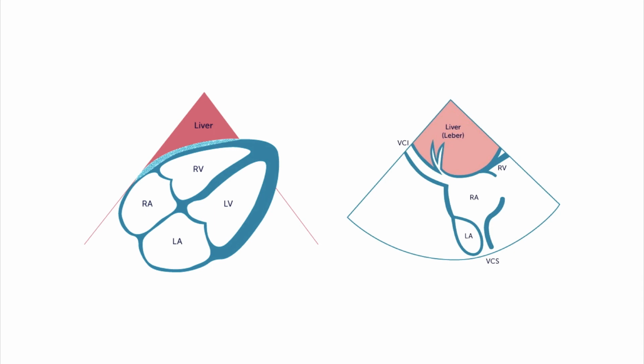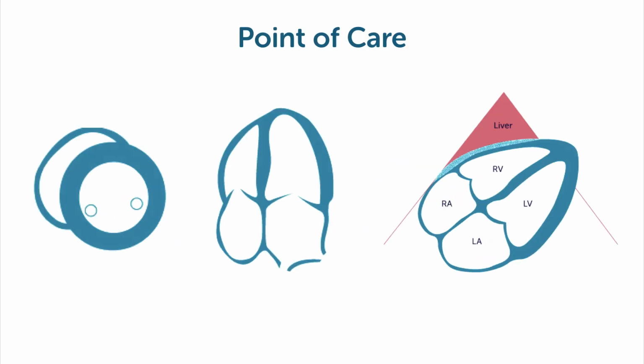And in this section, the subcostal 4-chamber view and the view where we're able to see the inferior vena cava. If you want to perform only point-of-care echocardiography, those are the views that you will primarily use: the short axis view at the level of the ventricle, the 4-chamber view, and the subcostal view.